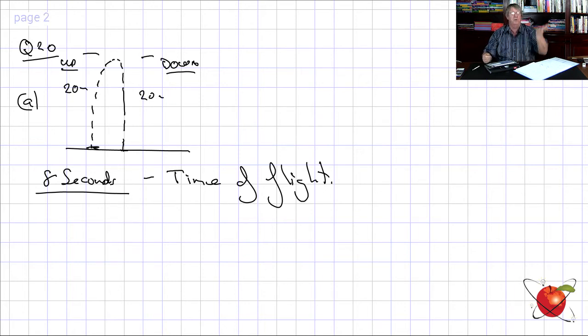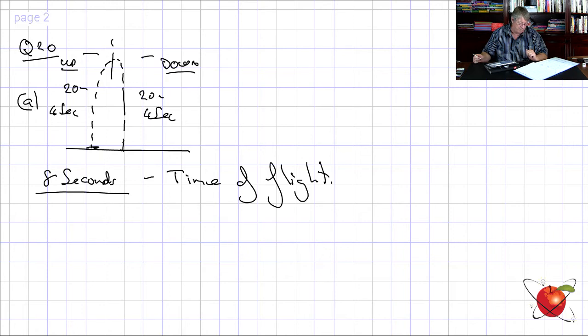That's how long it took while it was in the air. So how long up? 4 seconds, because it goes up and down and it's split evenly. You will see in a few minutes that this is a parabola and this is an axis of symmetry. What goes up must come down, so it goes up in that general shape. So we say time of flight.